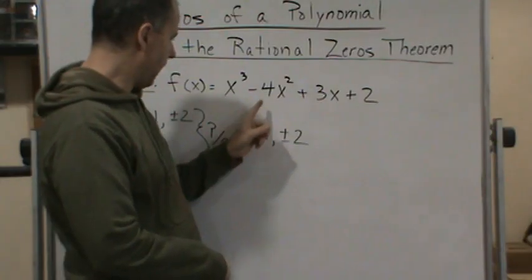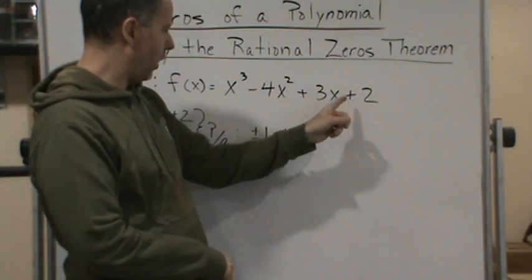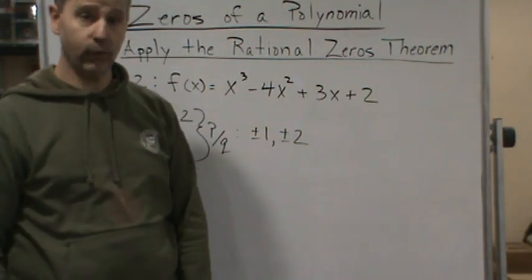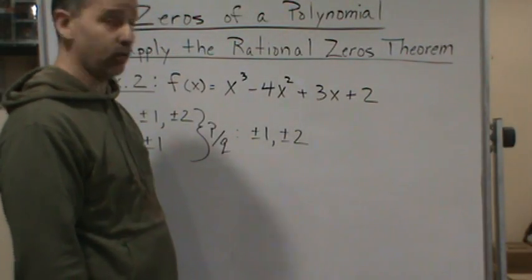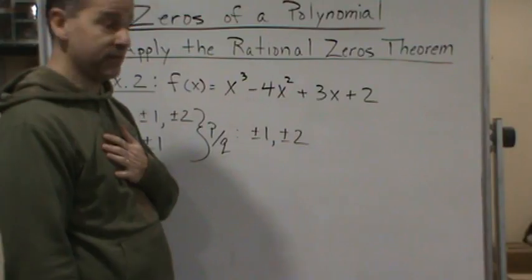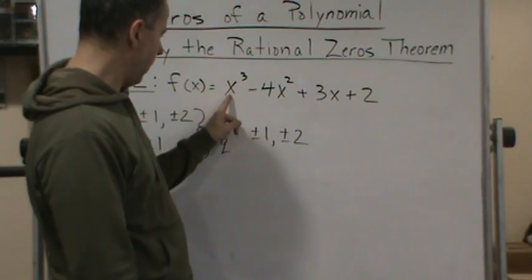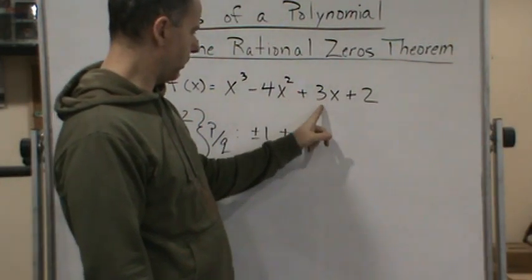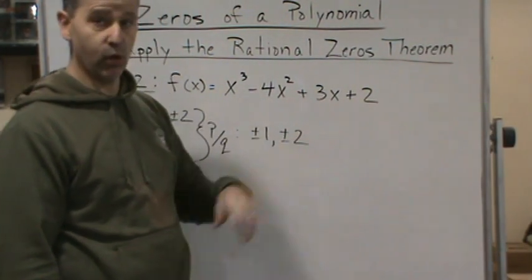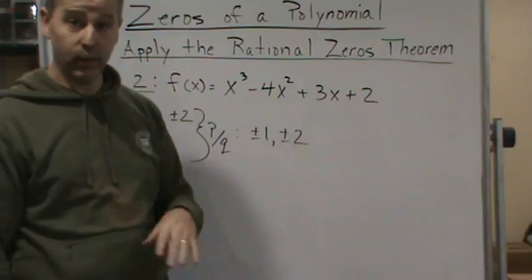Because if you put 1 in here, all the x values just become 1, right? So if you add up all of the coefficients in the constant term and you get 0, then 1 will be a 0. So in this case, you get 1 minus 4, which is minus 3, plus 3, which is 0, but then you get 2. So right away, 1 will not work.